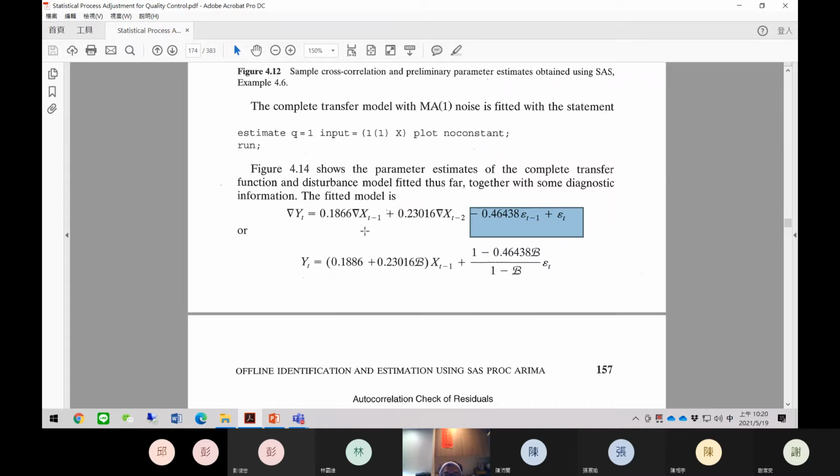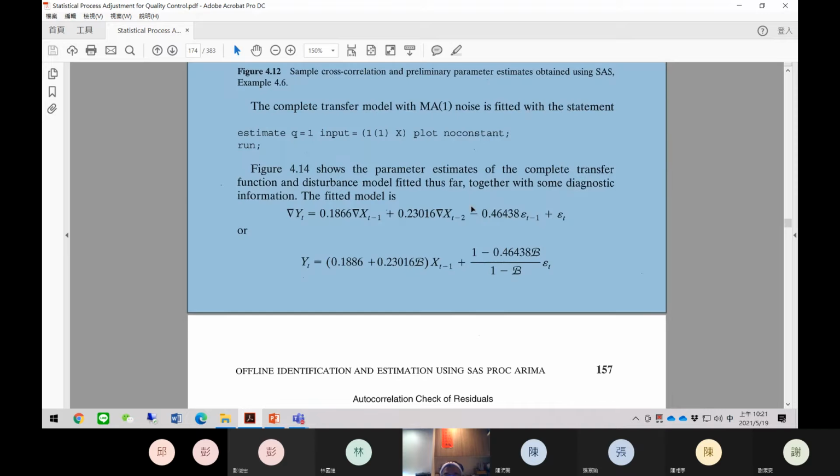Then we just extend it. The nabla y_t equals 0.1866 x_(t-1) minus 0.23012 x_(t-2) right here. And the nabla cancels out, divided by the nabla, which is 1 minus the backshift operator.